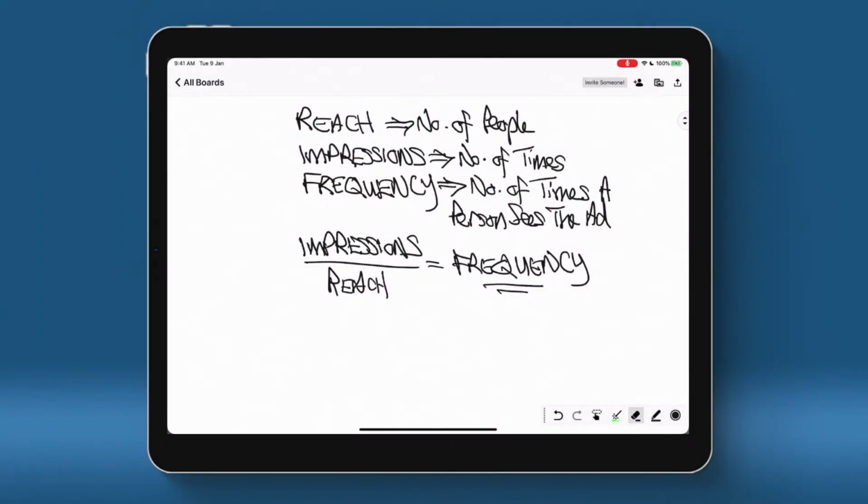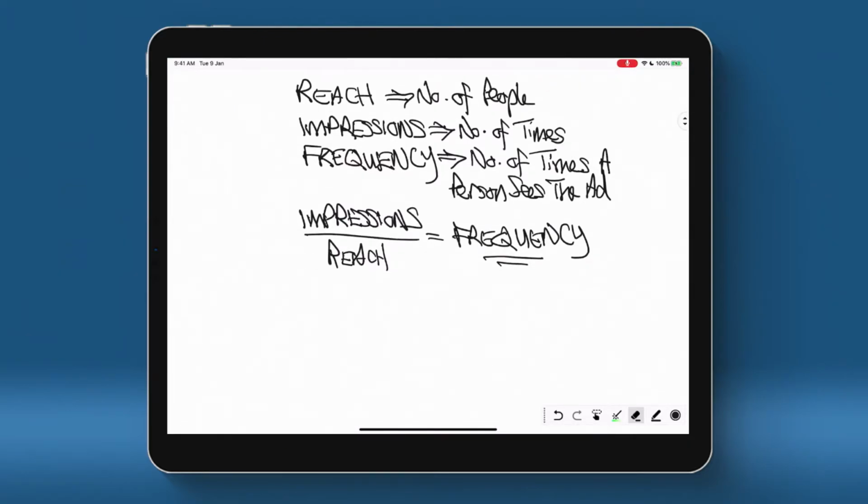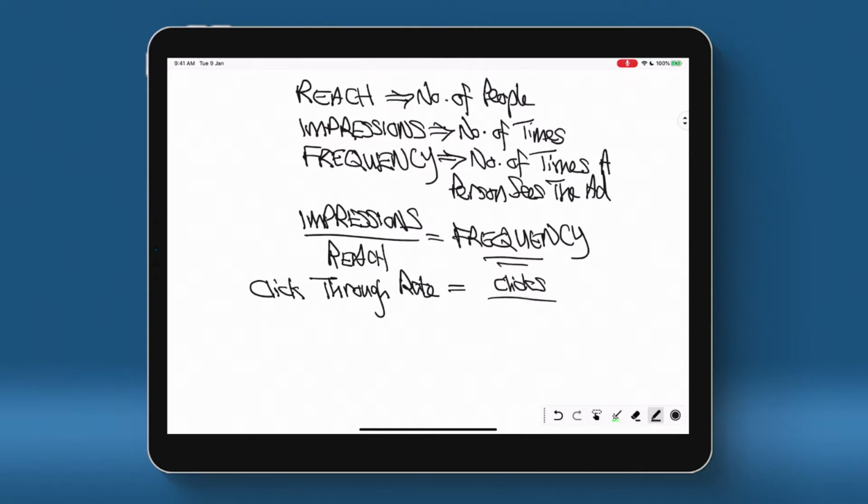CTR stands for click through rate, which is number of clicks divided by number of impressions.